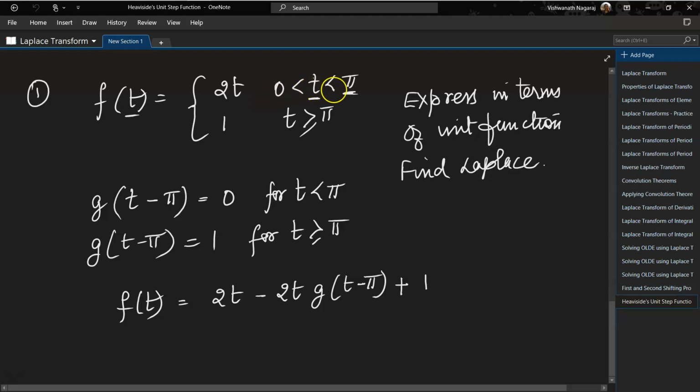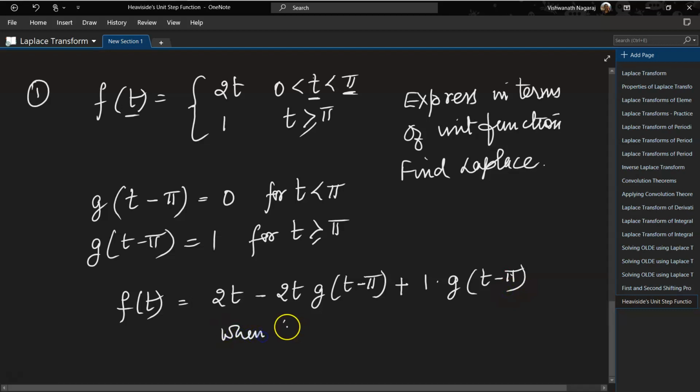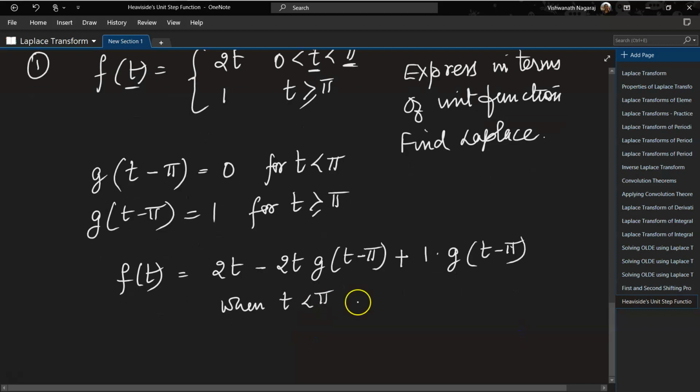So if we go back to this, when it is less than pi, then what happens? This whole thing is 0. Now we are left with 2t plus 1. We want this also to become 0. So what we'll do is we will multiply it with g of t minus pi. So now let's revisit. When t is less than pi, g of t minus pi is equal to 0.